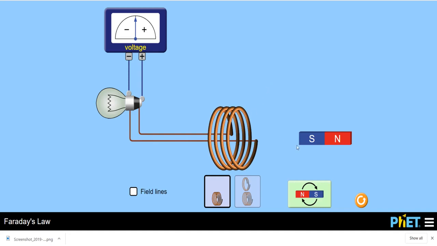So I hope you got all these points and understood how the induced EMF depends on the number of turns of the coil and the rate of change of magnetic flux, that is minus N d phi by dt. This is the induced EMF. And you also observed the negative sign in the formula, that is E equals minus N d phi by dt.